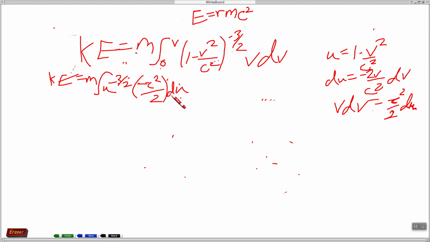We're just plugging it in here because this is v dv, and we're plugging in negative c squared over 2 du in place of this.